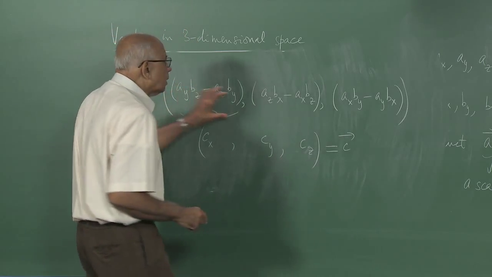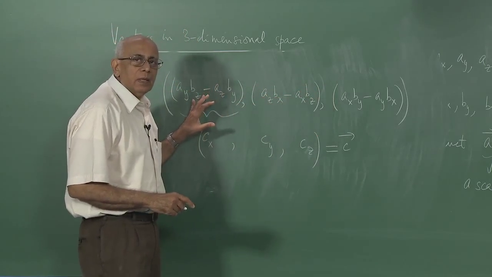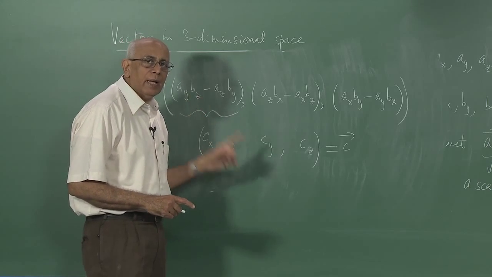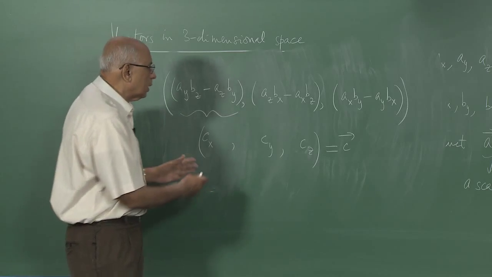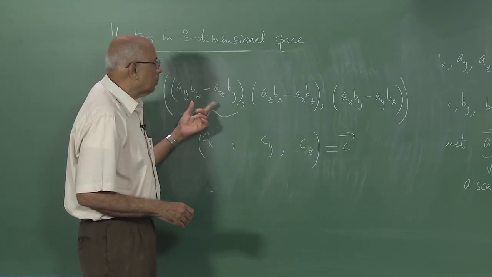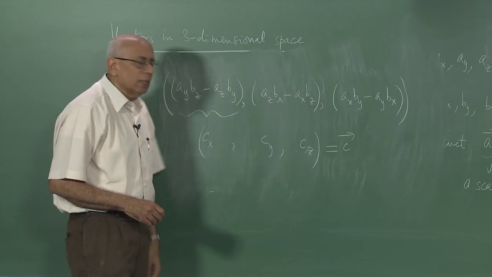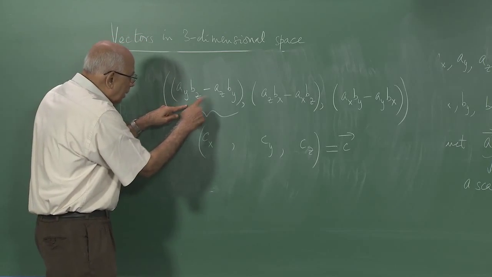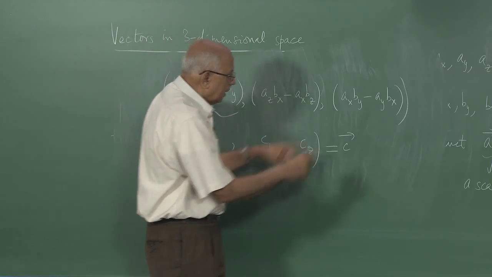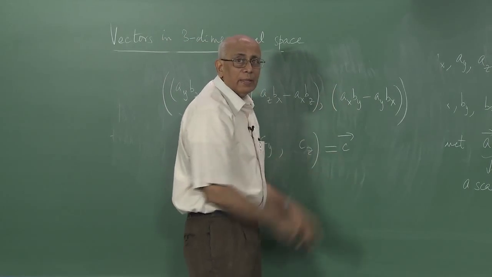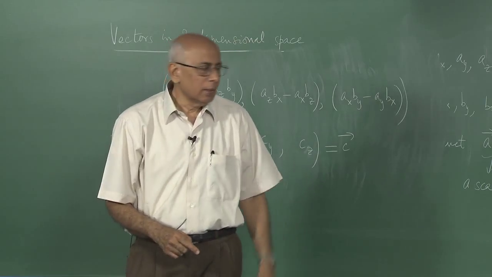Therefore, these 3 are components of a vector formed by taking the vectors A and B, combining them in this bilinear fashion to produce a new vector whose components are precisely these combinations here. So the x component is yz minus zy, the y component is zx minus xz, and the z component is xy minus yx in cyclic permutation.